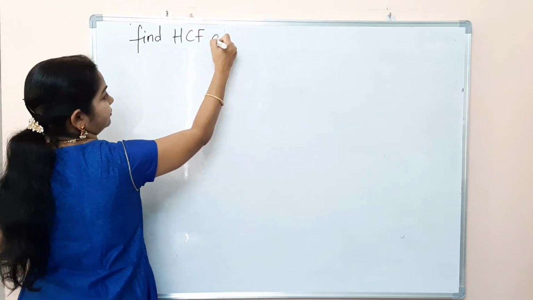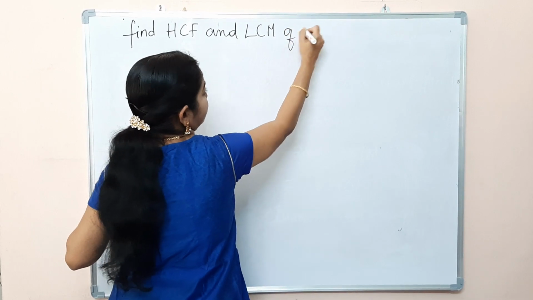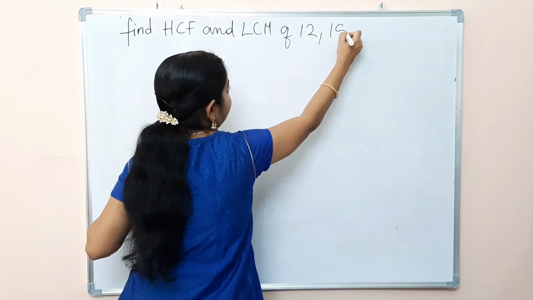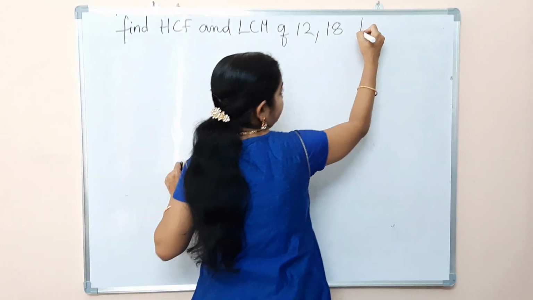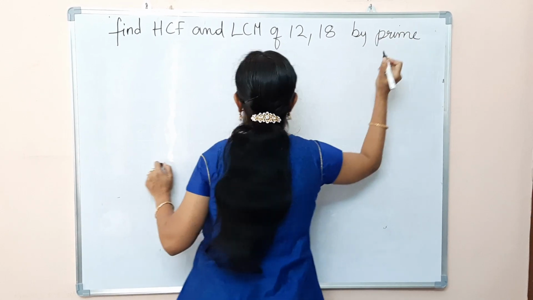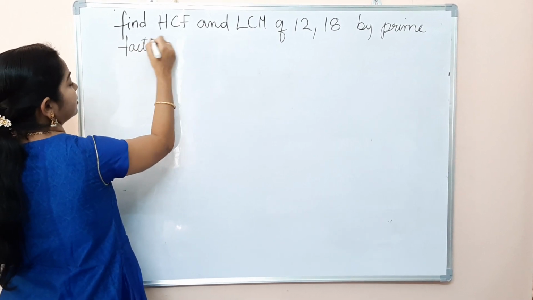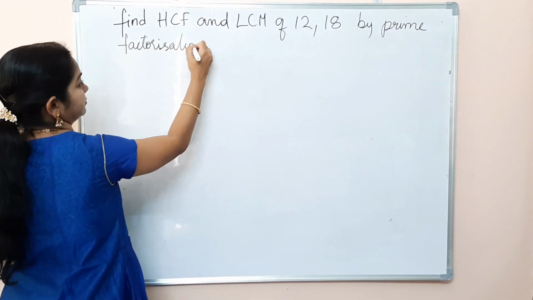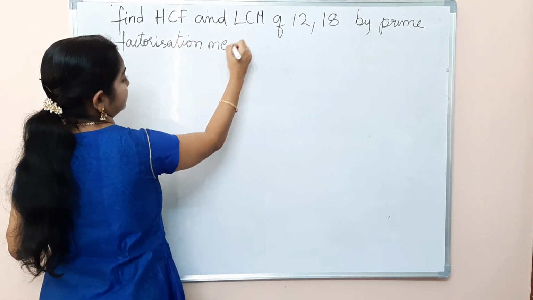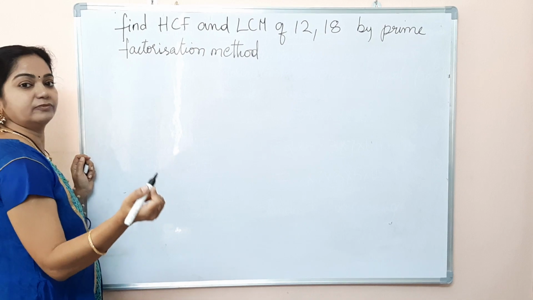Find HCF and LCM of the numbers 12 and 18 by the prime factorization method. We will be making use of the theorem. This is one example problem from your textbook.